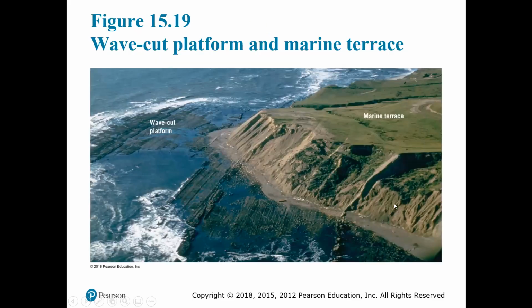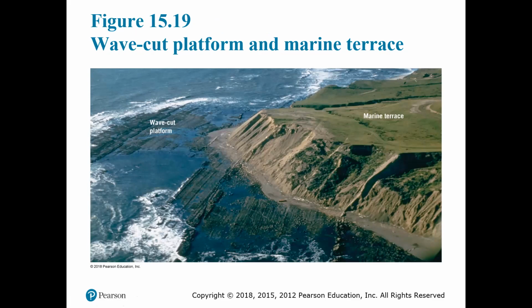So what we see here is a wave cut platform and a marine terrace. A wave cut cliff originates due to the surf against the base of the coastal land. As this wave erosion continues, the rocks that are overhanging that notch crumble into the surf.